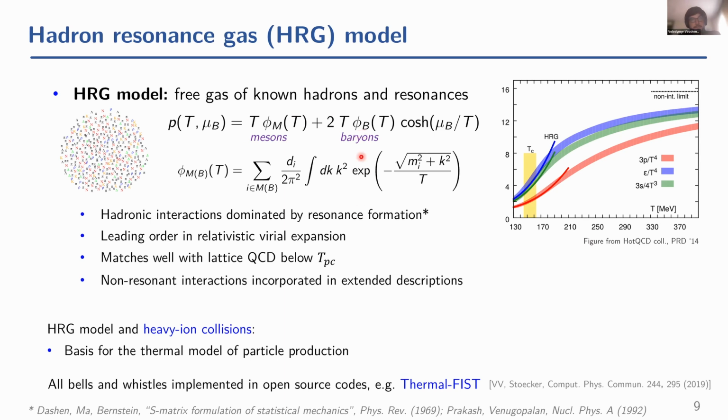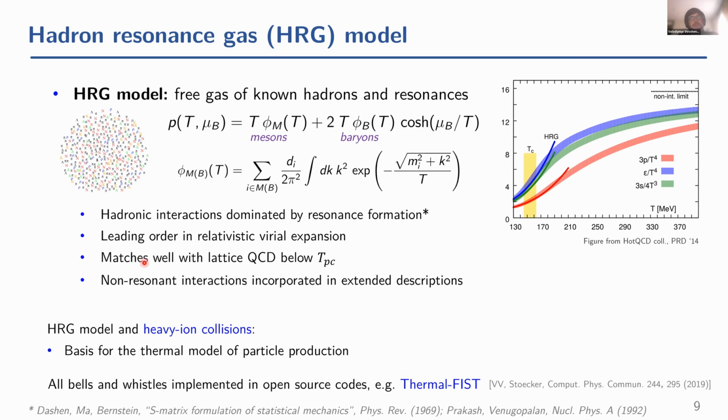And this also indicates that the hadron resonance gas model is essentially a leading order expansion of the QCD pressure in the virial expansion; if you consider higher order terms like hyperbolic cosines with 2 μB over T and so on, then this would be going beyond the HRG model.